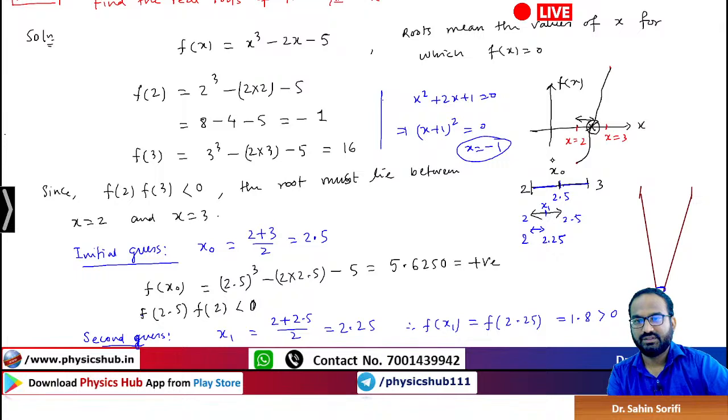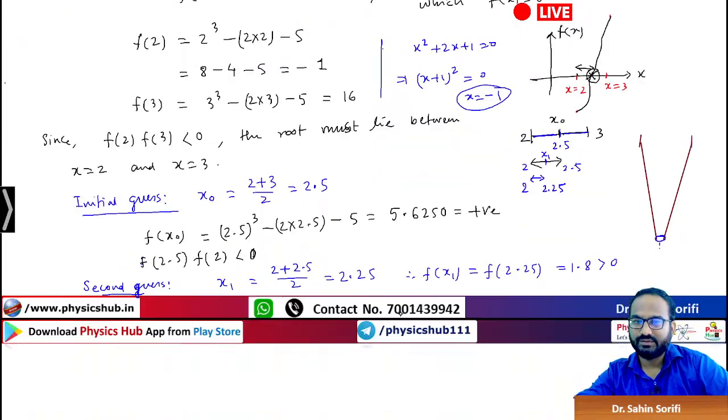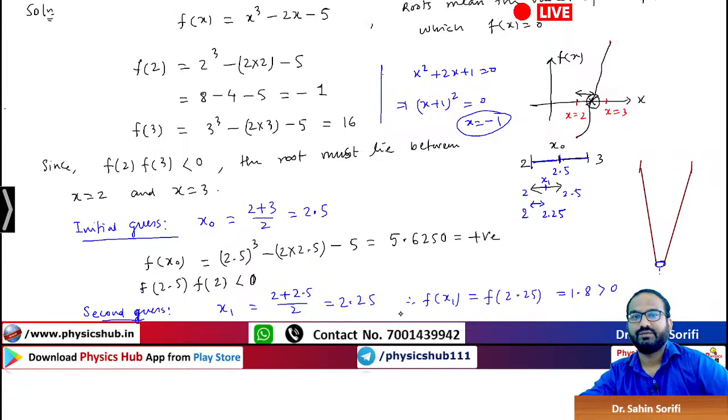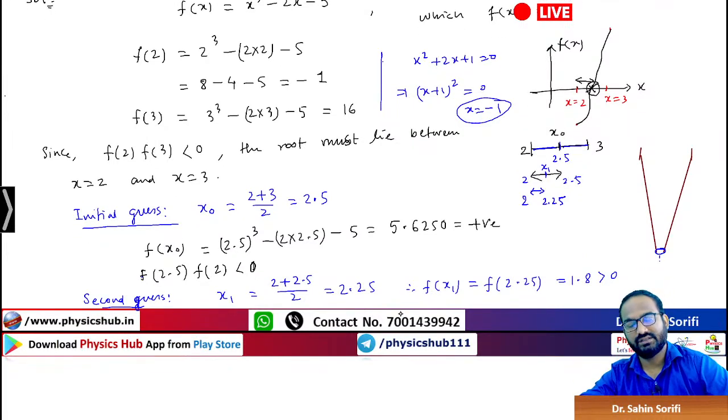and it may not be humanly possible, because as you go higher and higher, the accuracy improves, but by hand it is only up to 1 decimal. After 2.5, the next root 2.25, more decimal points will be included. So humanly we have limits, but programming can do 1000 iterations or more.